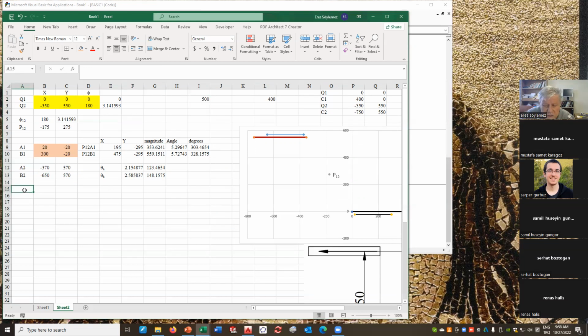These will be 2 points on the perpendicular bisector. Sorry, I will write A12, that will be better. For A12, I will select 2 points on perpendicular bisector A12.